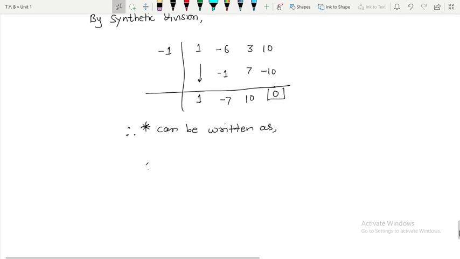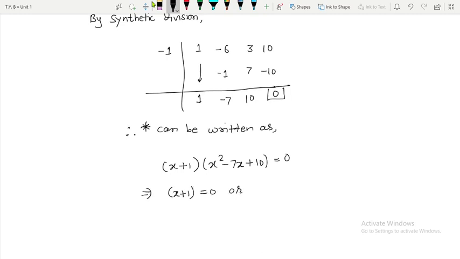So star can be written as x plus 1 times x square minus 7x plus 10, which is equal to 0. This implies x plus 1 is equal to 0, or x square minus 7x plus 10 is equal to 0.